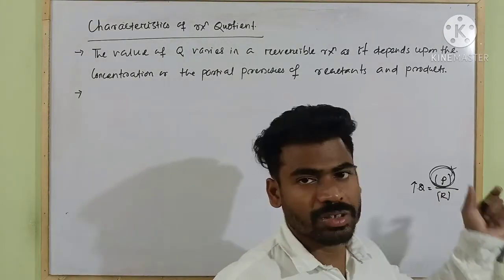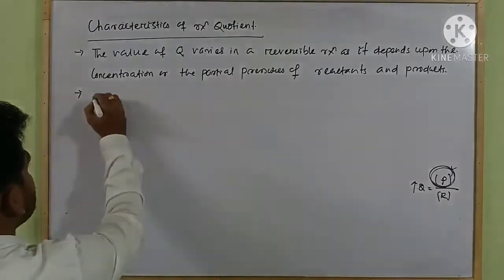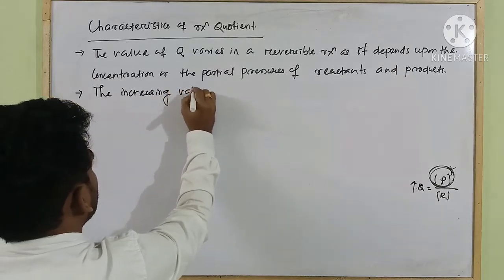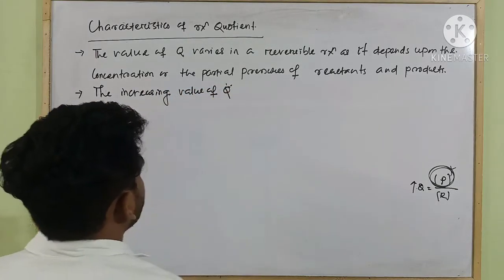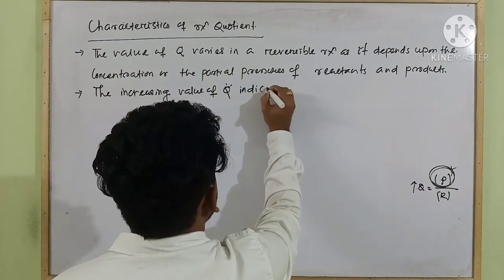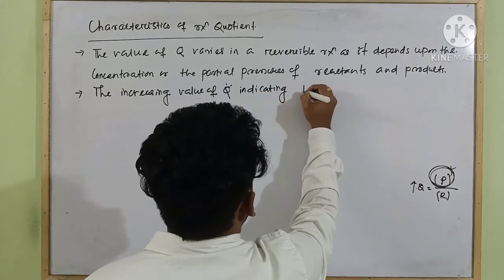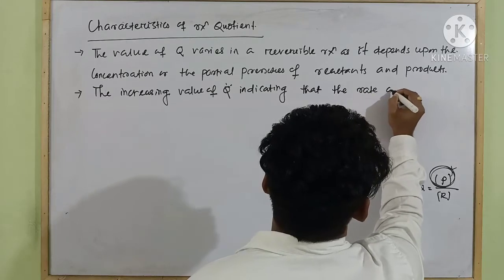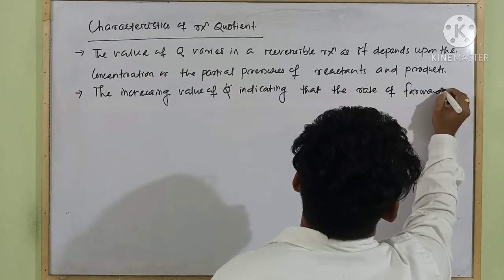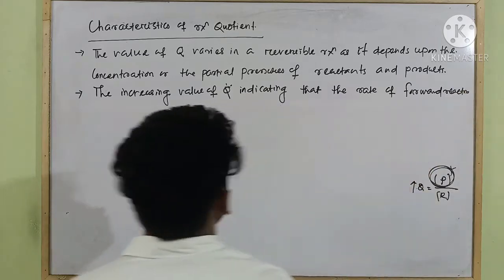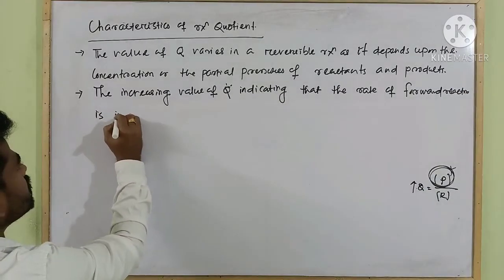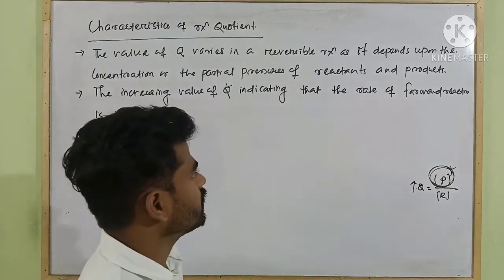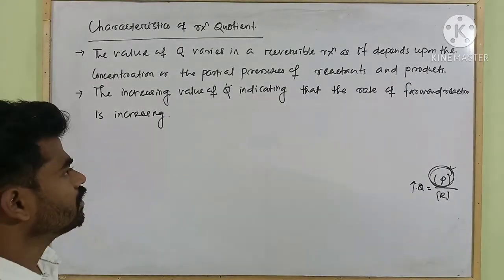That means the rate of forward reaction increases. I can write over here, the increasing value of Q indicates that the rate of forward reaction is increasing. Clear?